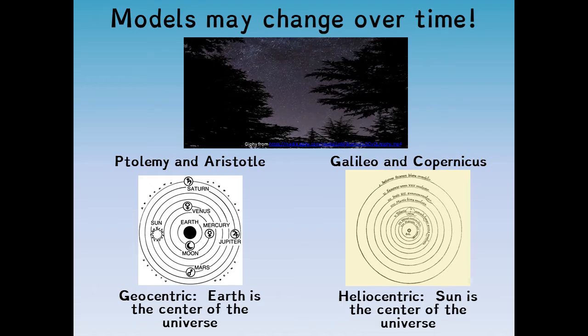And when I look at that planet, well, it seems to be pretty much in the same place during certain times of the year. And that star seems to be in the same place. And wait a minute, maybe Earth isn't the center of the universe. And they came up with the heliocentric model of the solar system, in which the sun is the center of the universe.